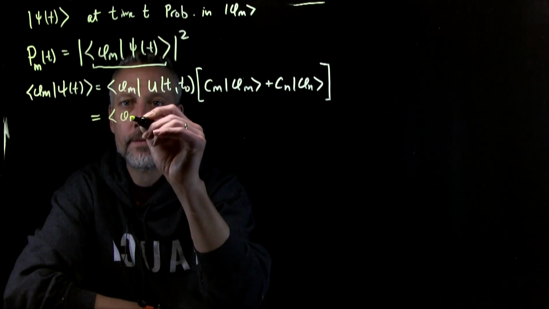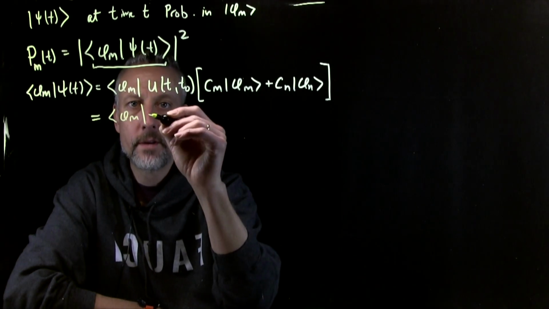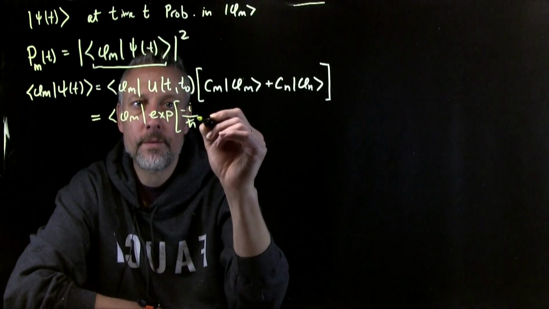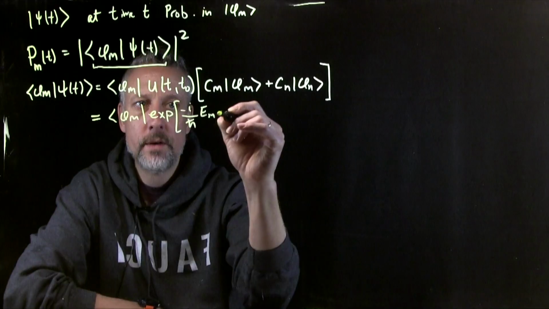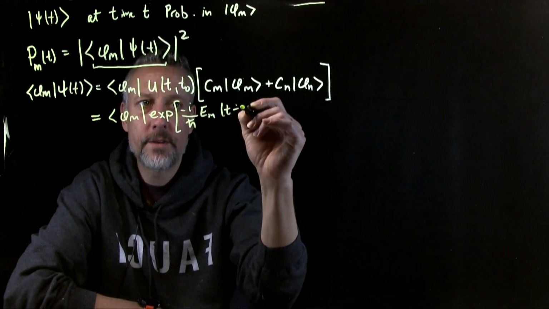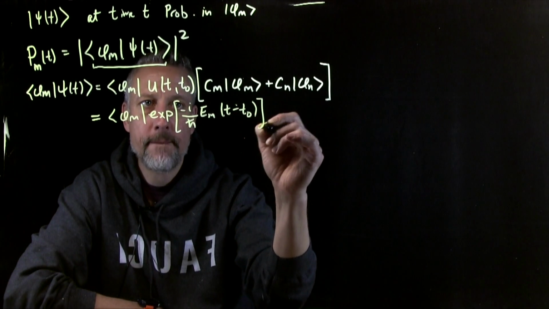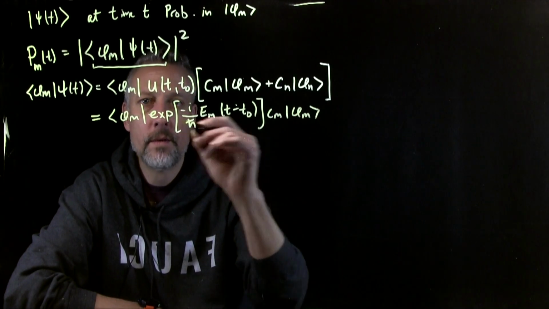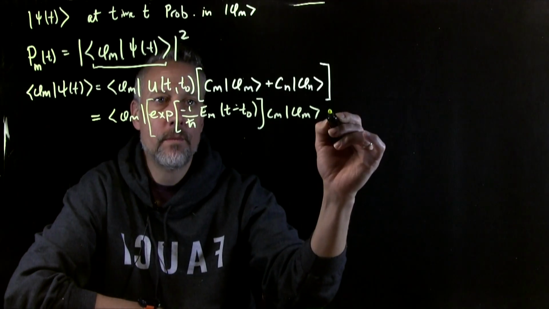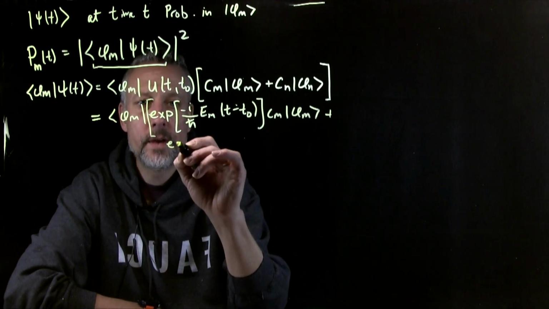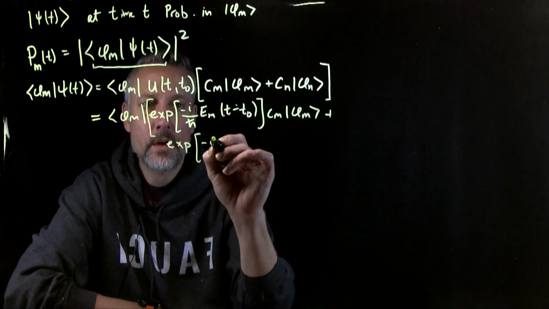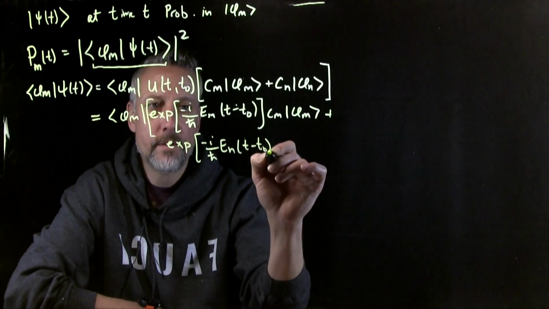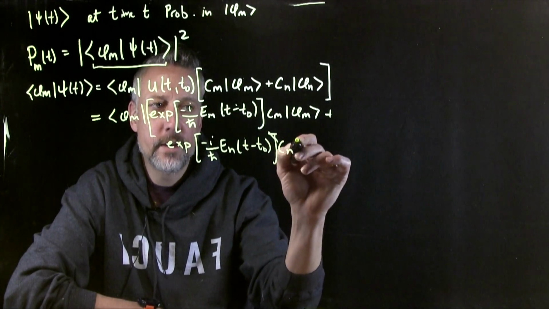Now we switch this to the e to the minus i over h bar Em times T minus T naught times Cm phi m, plus e to the minus i over h bar En T minus T naught Cn phi n.